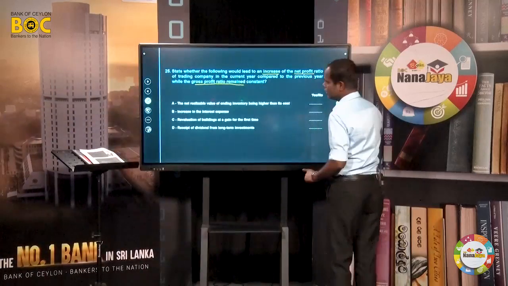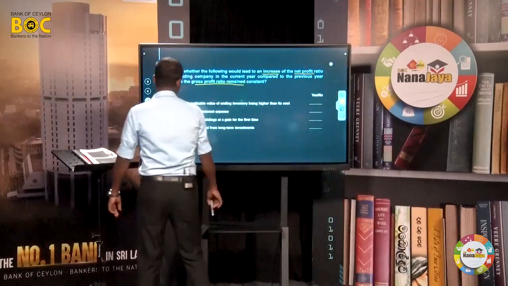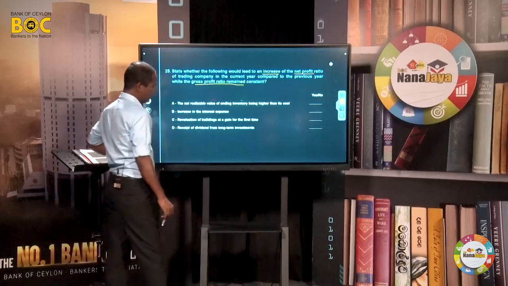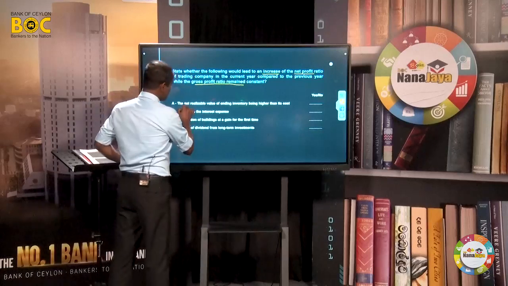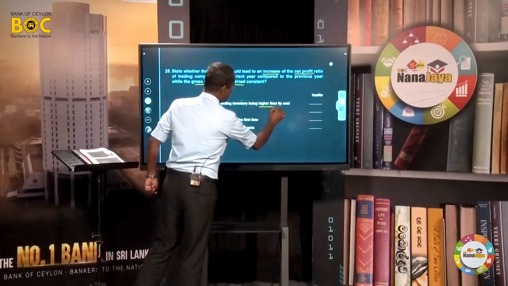The first one: net realizable value is higher than the cost.